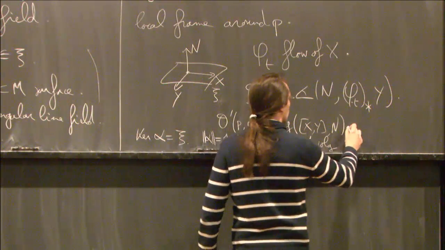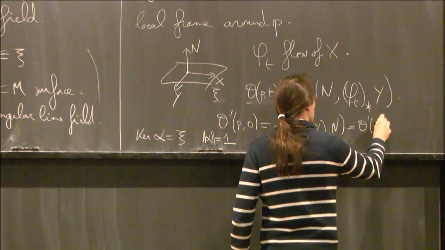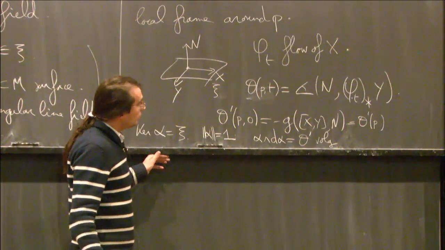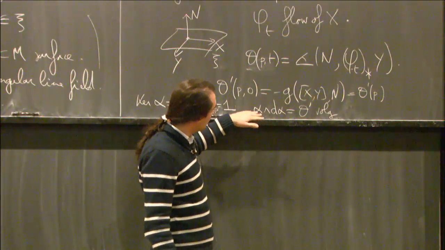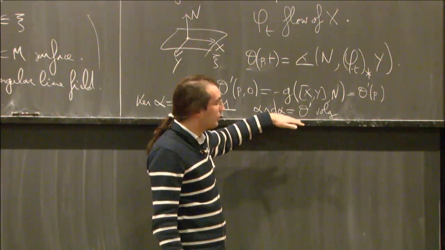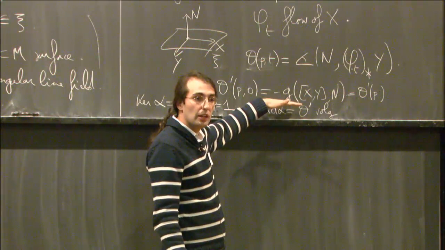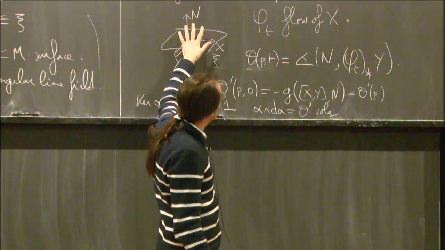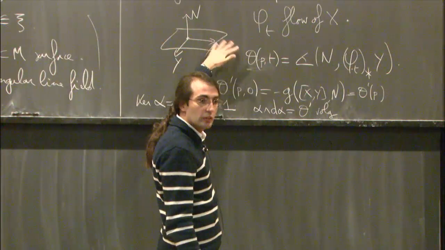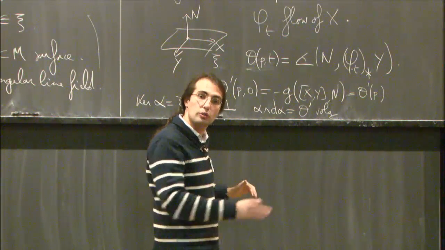This function I denote by theta prime of P. So indeed, the contact condition that alpha wedge d alpha is everywhere positive is about rotation of the plane along tangent vectors.